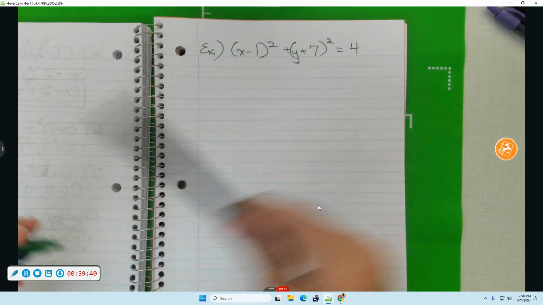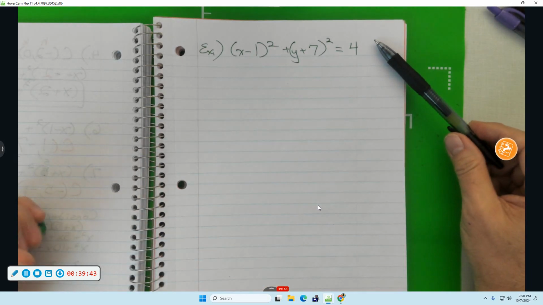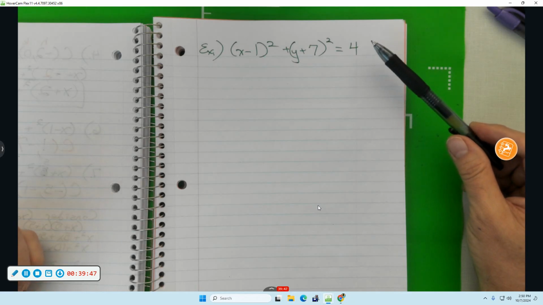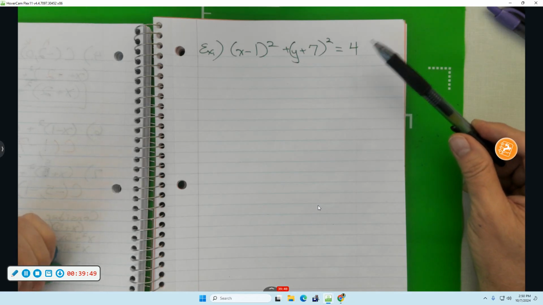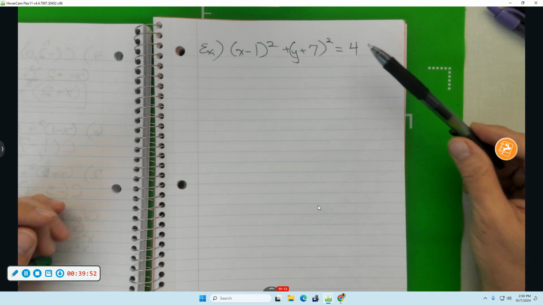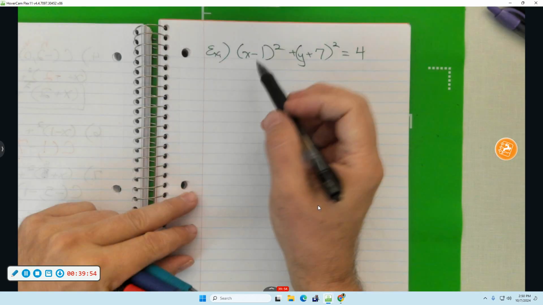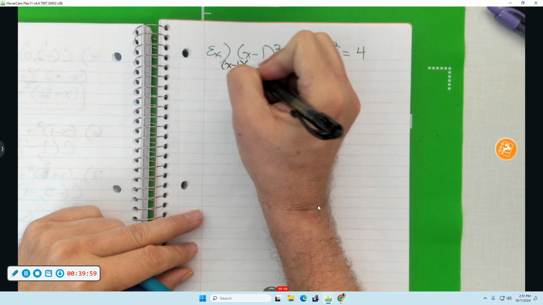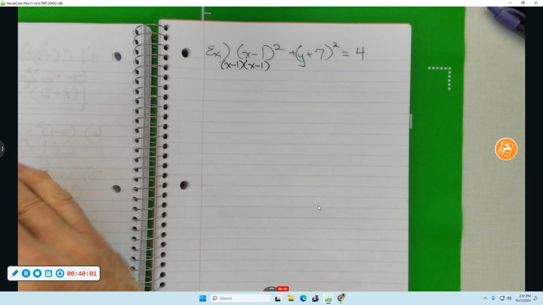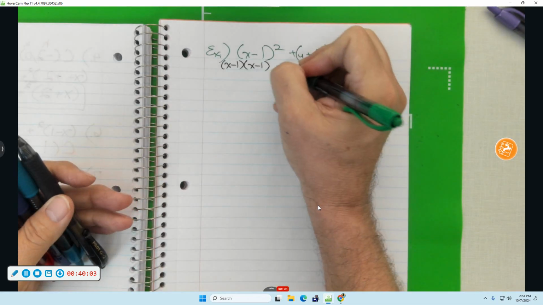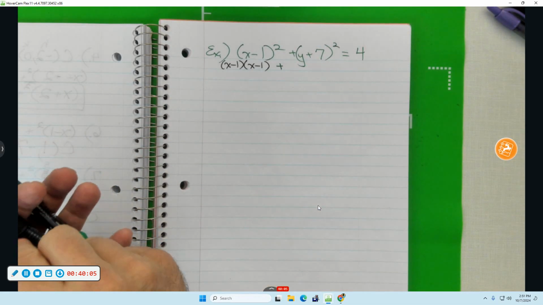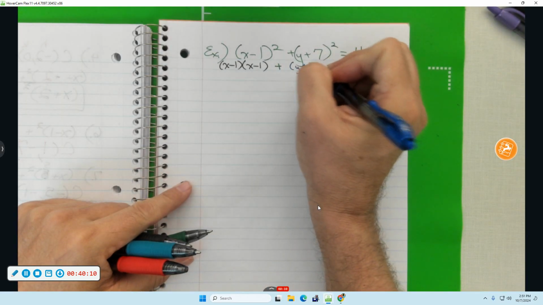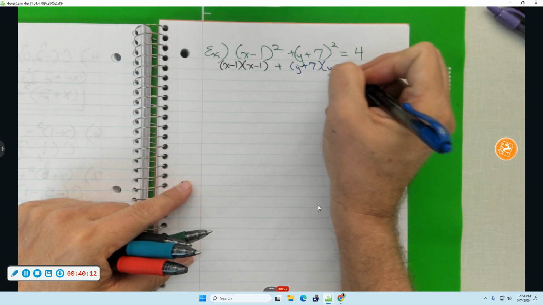If you want to expand center radius form, and as I've said, there's really no reason that you should want to do that in this class, but it's a good way to see what's happening when we start trying to go backwards. X minus 1 squared, that's an x minus 1 times an x minus 1, plus y plus 7 squared, that's a y plus 7 times a y plus 7, is equal to 4.